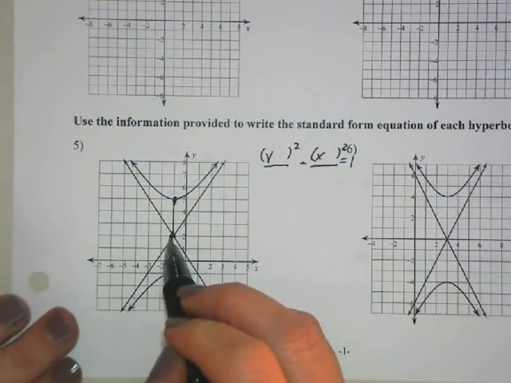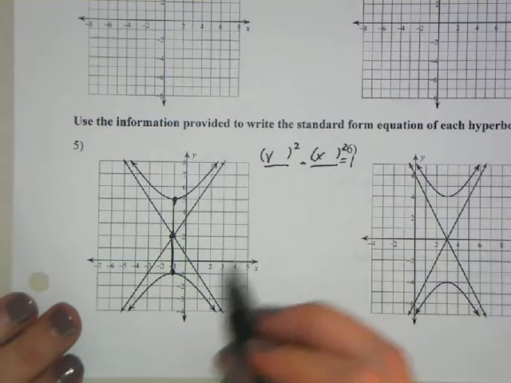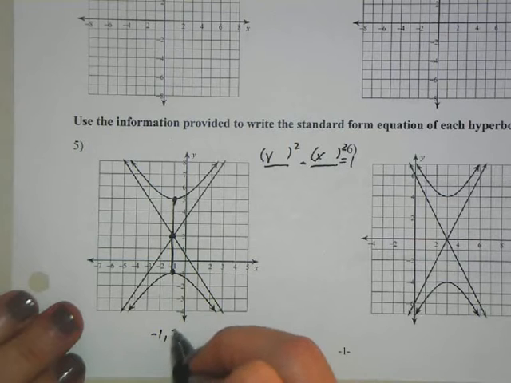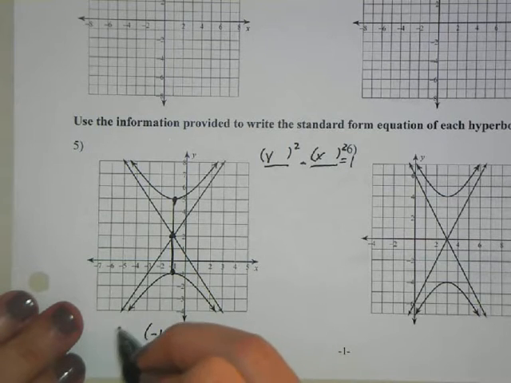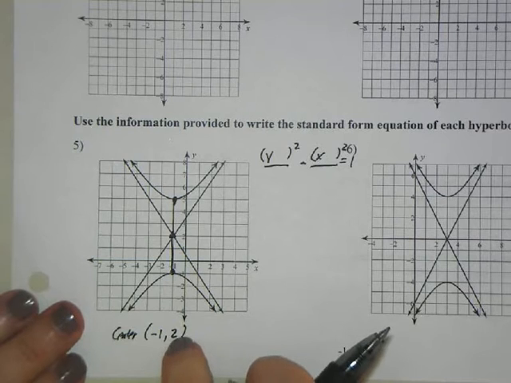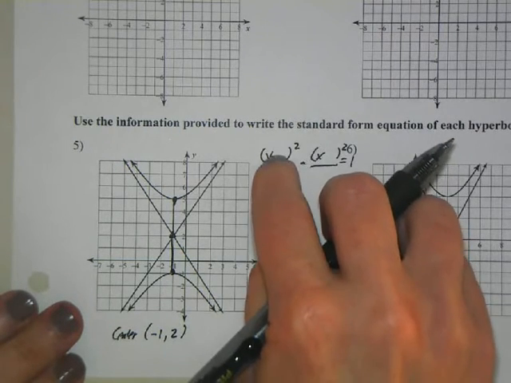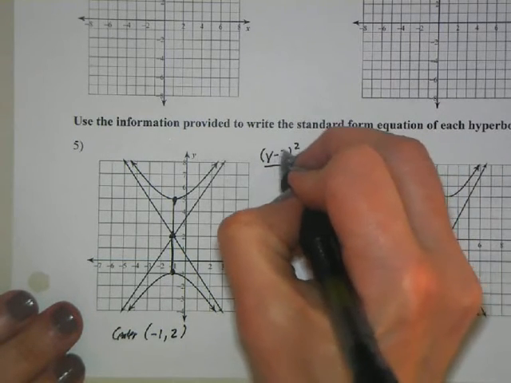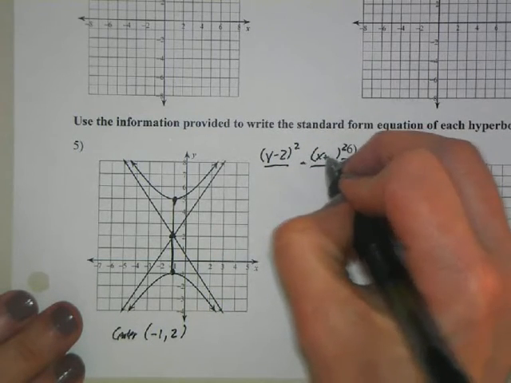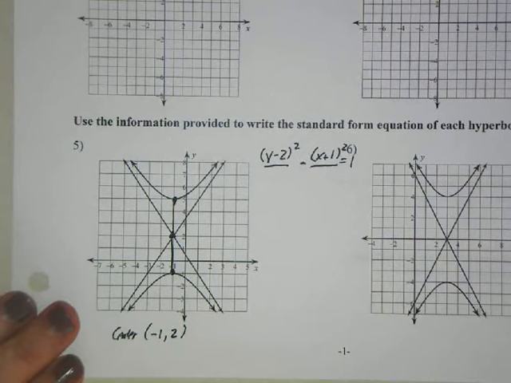All right, the center is at -1, 2. So make sure you put the 2 with the Y, so that would become a -2, and the -1 with the X, that becomes a +1.